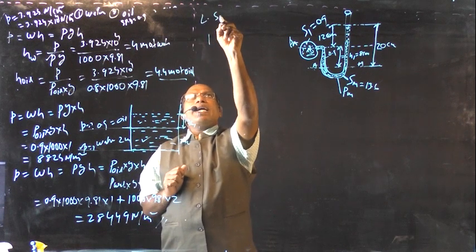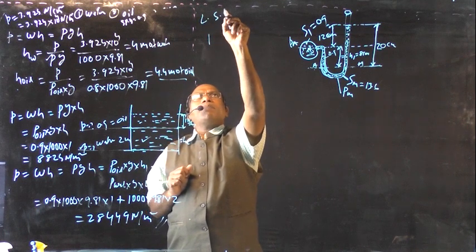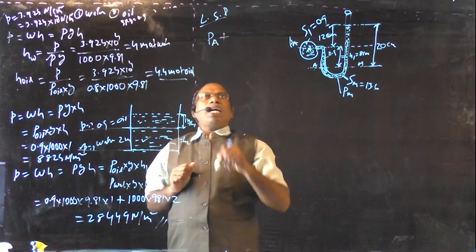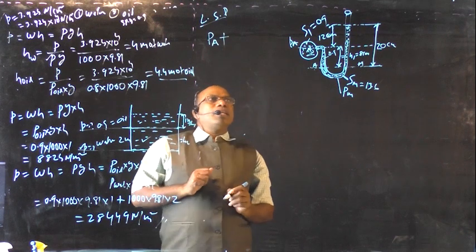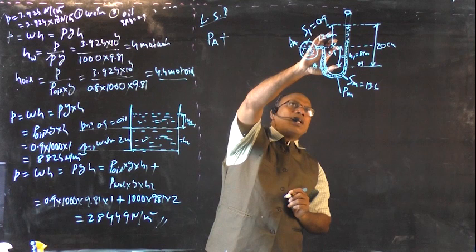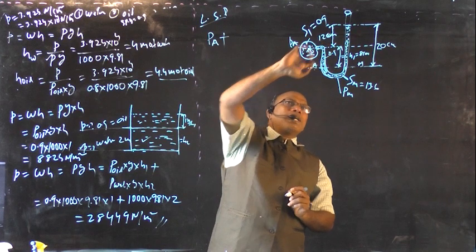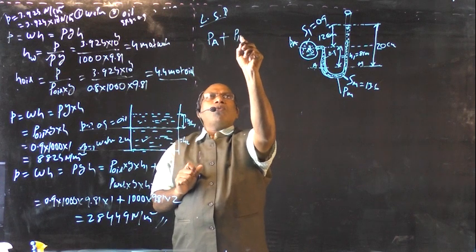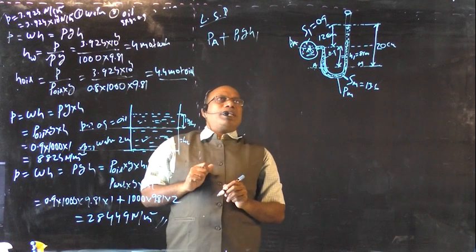left side pressures. One is PA, pressure intensity at point A, plus, because of this water column, we have one pressure, that is equal to, what is the formula? Rho 1 G H1.